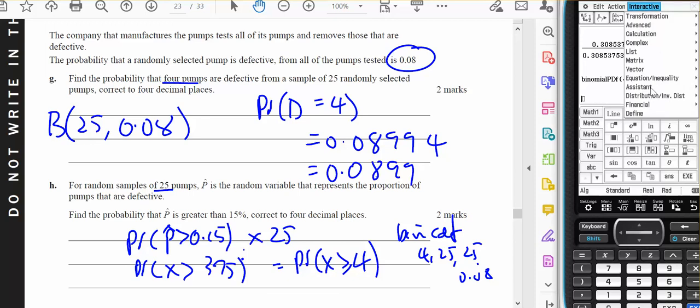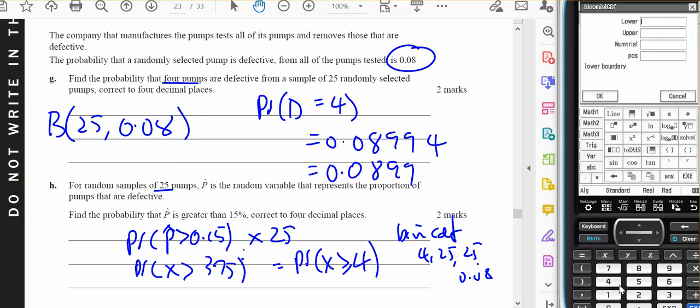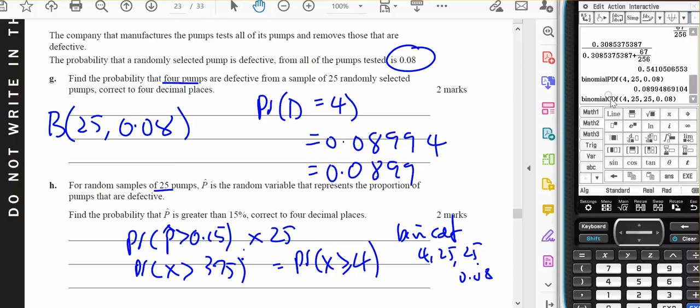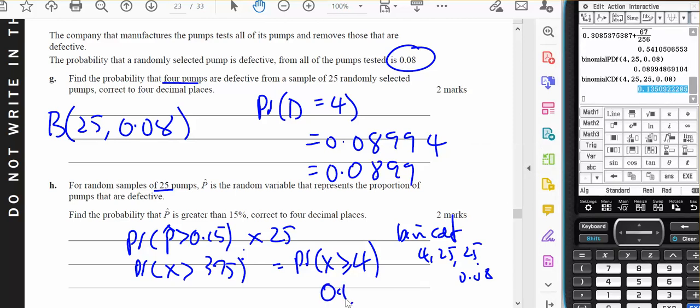Interactive, distribution, discrete CDF. My lower is 4, my upper is 25, my n is 25, and my p is 0.08. That gives me 0.1351, to 4 decimal places.